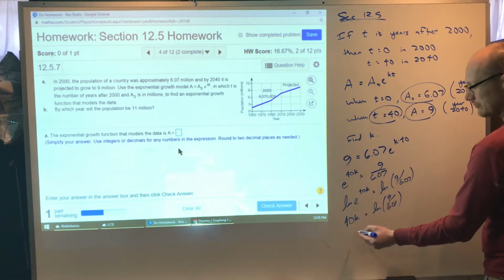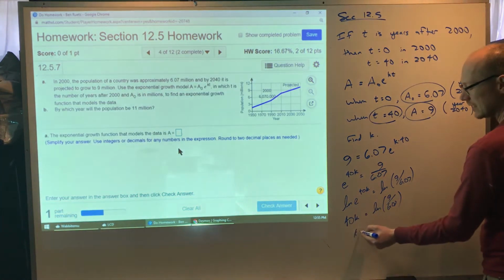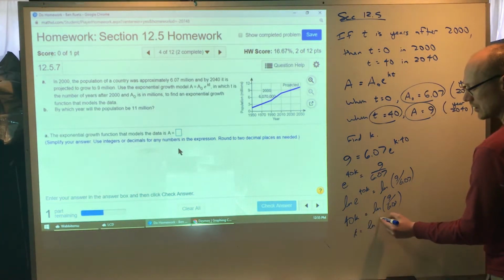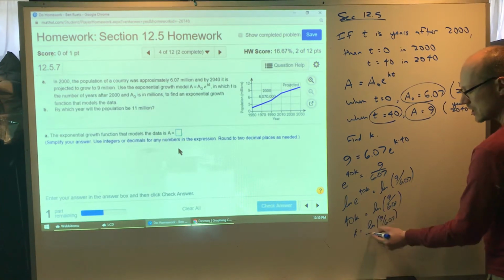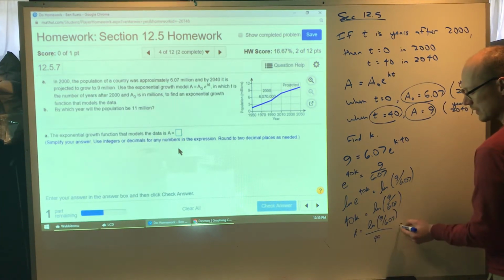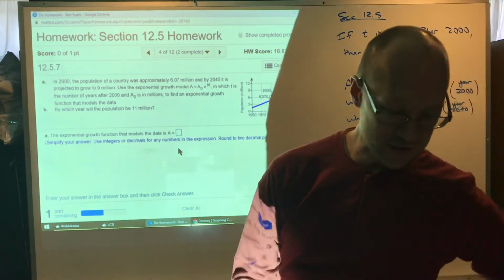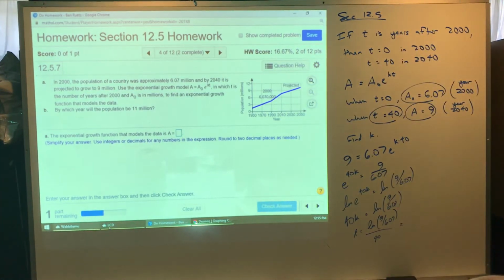Now I will divide by 40 and find out that k equals natural log of 9 divided by 6.07, divided by 40. Let me go to the calculator real quick to see what that equals.